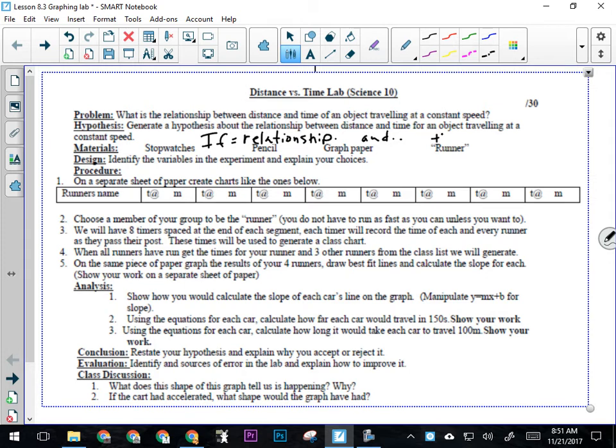All right, in the "then" part of the hypothesis, I want you to tell me how, using your graph, you'll calculate velocity.